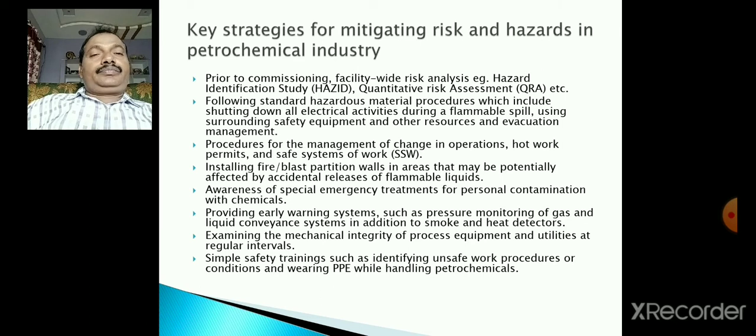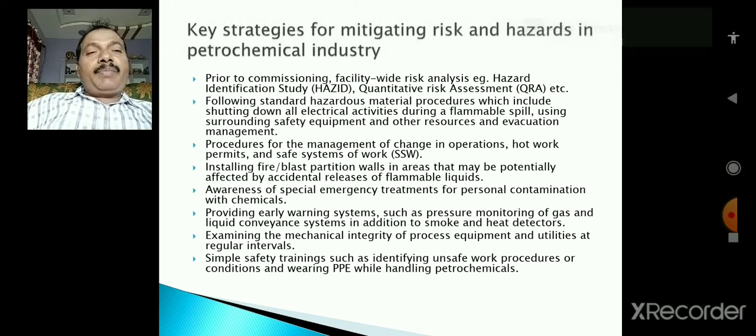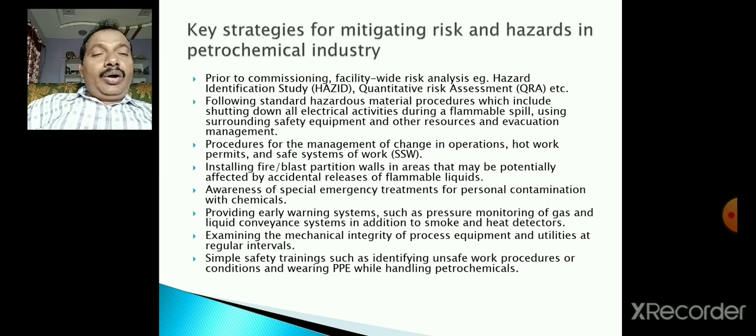So, once the hazardous materials are released, all electrical systems must be shut down so that it does not enhance the condition into danger. And how to evacuate different personnel at different areas in the industry, you have to get a plan of action.